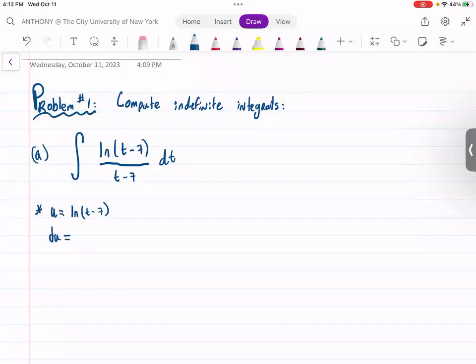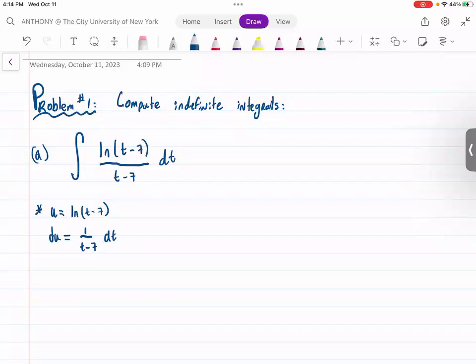So if u is ln of t minus 7, your du is going to be the derivative of t minus 7. So what is the derivative of t minus 7? 1, right? Because the derivative of t is 1, the derivative of negative 7 is 0, divided by t minus 7. So you have 1 over t minus 7 dt.